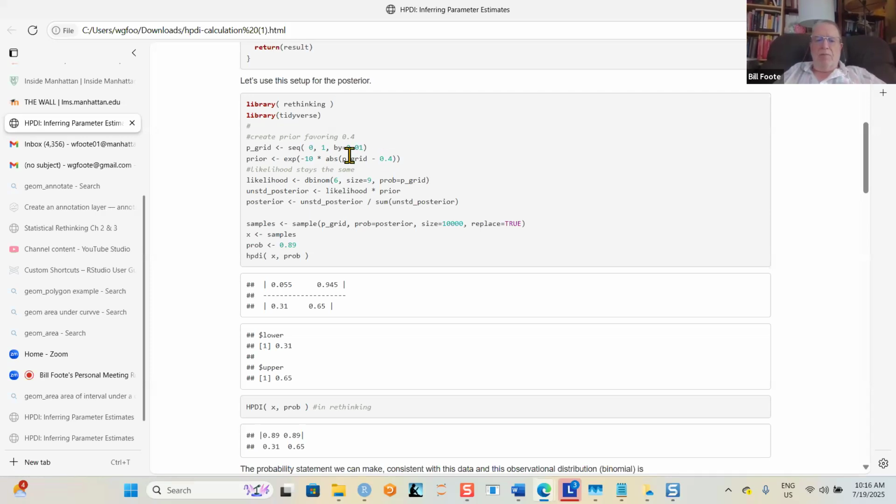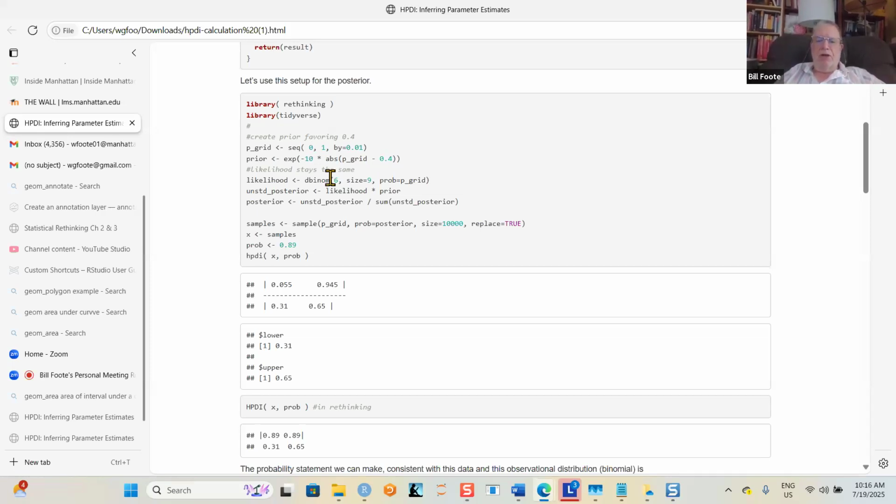We think that this prior is somehow related to a deviation from whatever the grid value is. Okay, that's again the idea here.